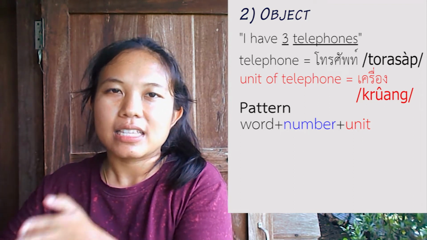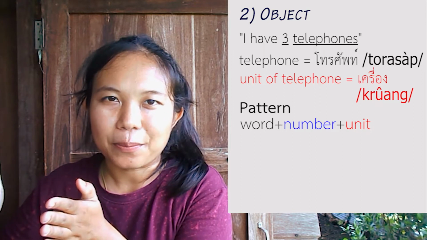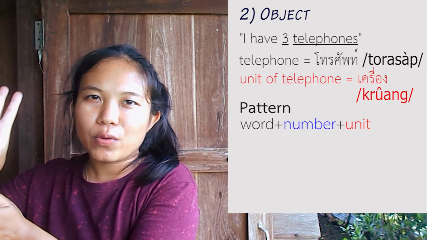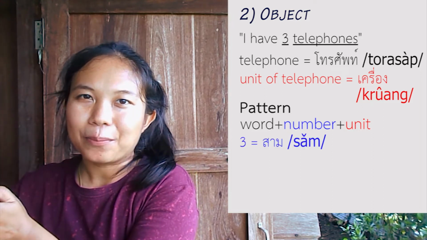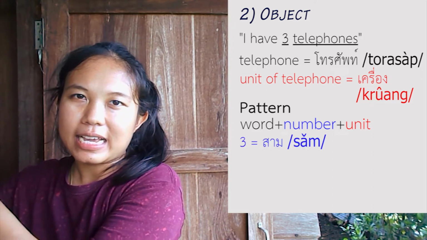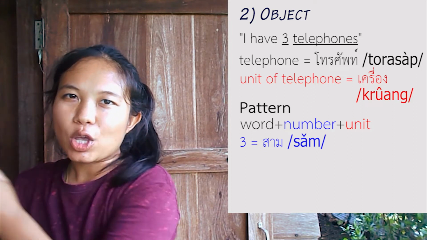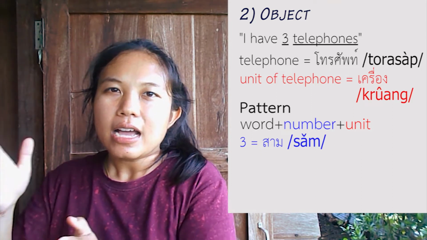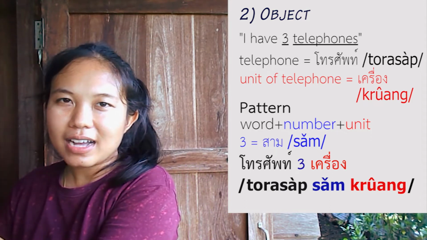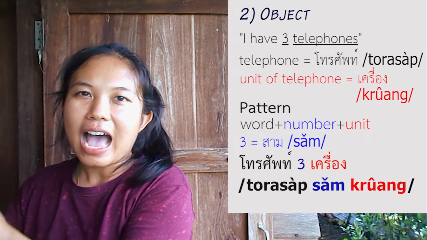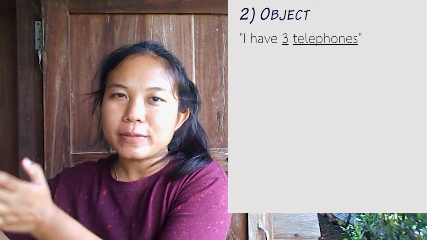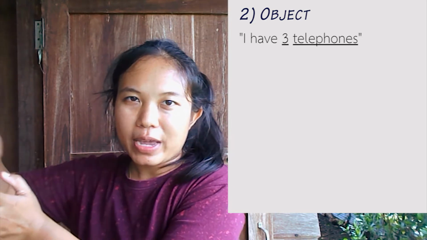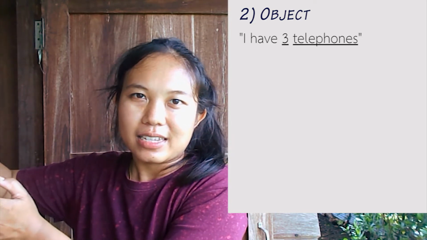Telephone in Thai is โทรศัพท์, and then the number position 3 in Thai it is 3, and then the unit of the telephone is เครื่อง. So we have the object now, that is โทรศัพท์3เครื่อง. We have to focus on another part, that is subject and verb, and then we have the object already. The object is the phrase that we talked about earlier.